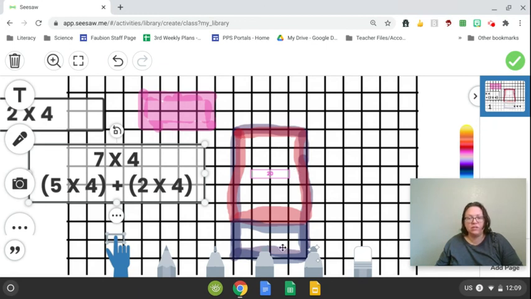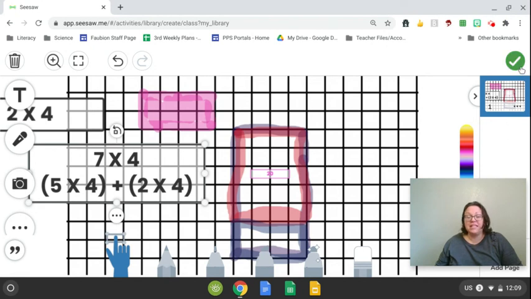Counting by sevens isn't super easy. But if we break it apart and take this 7 into 5 and 2, well, we can do 4 groups of 5 and we can do 4 groups of 2 in our heads. We can count by 2s really easily and we can count by 5s really easily. So this is one strategy for solving more challenging multiplication.